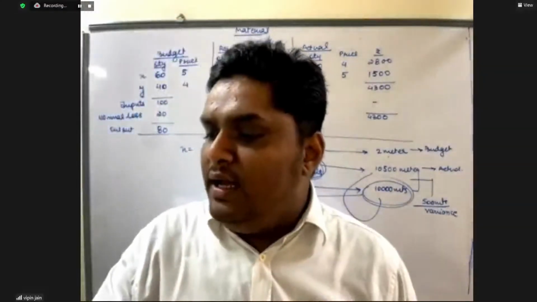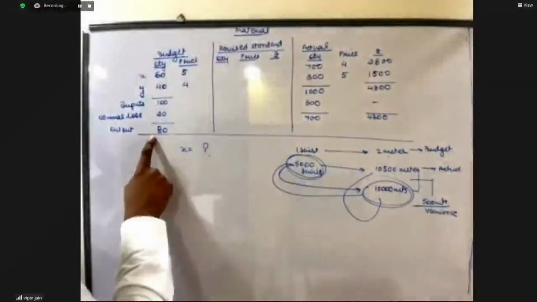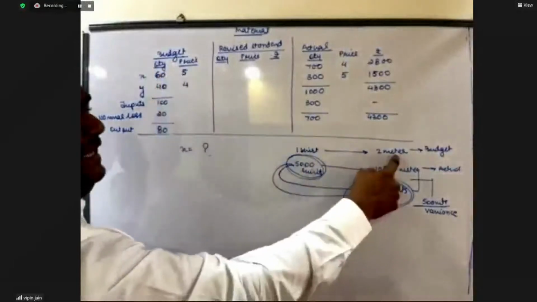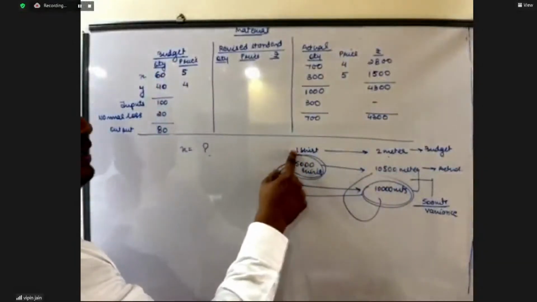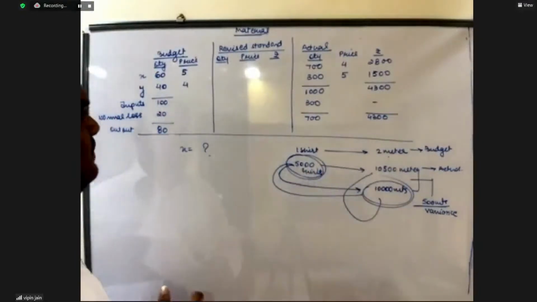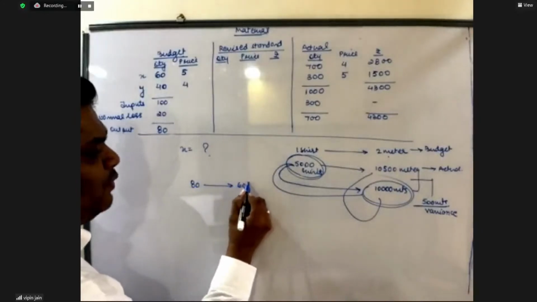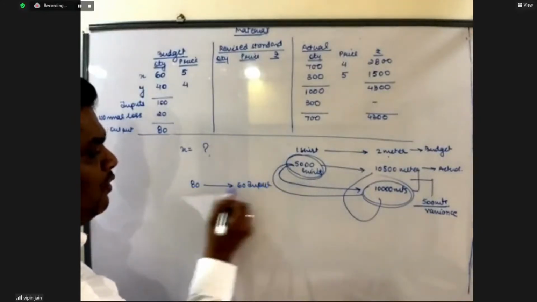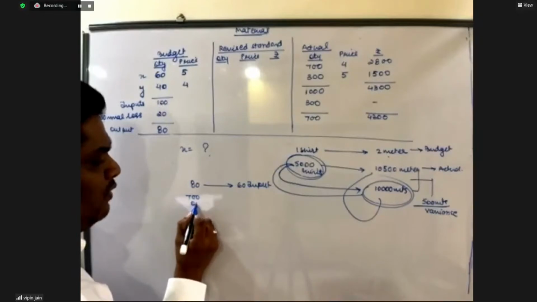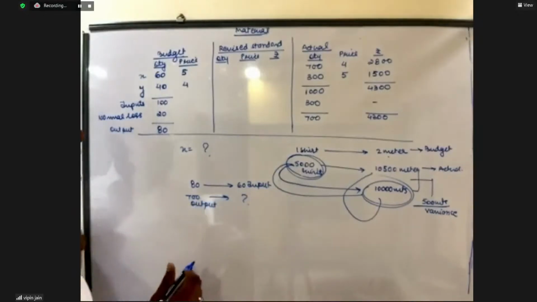Very good, Diksha. Correct answer. Ishan, correct answer. 80 output, 60 input. So for 700 output, how much? 80 is the output for 60 input. So for 700 output, how much?